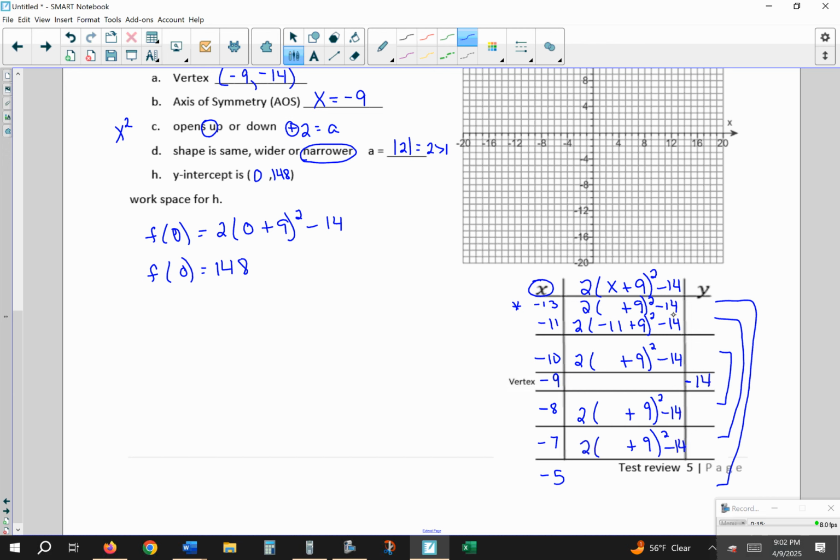Because what that does for me is I can look and say, okay, they're all minus 14, they're all plus 9, they all have 2, they all have their square. They all have the same format before I plug in these values.